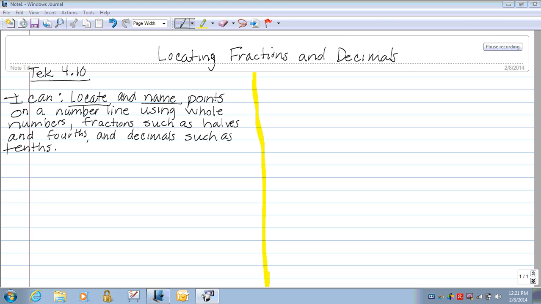Let's pose a problem. Let's say a runner ran 6/10 of a mile in a race.